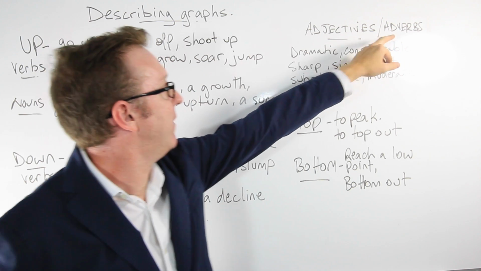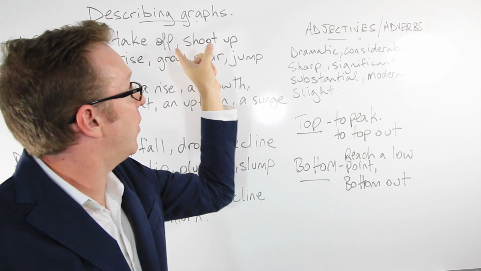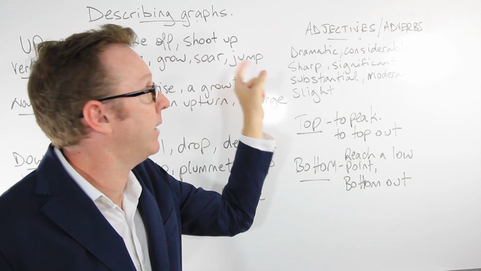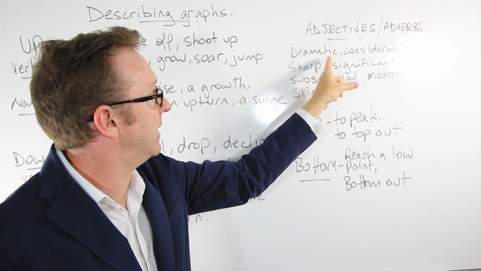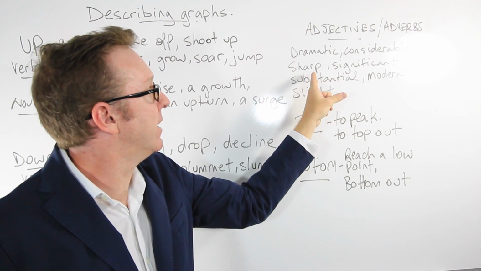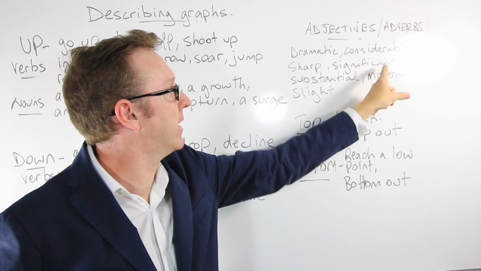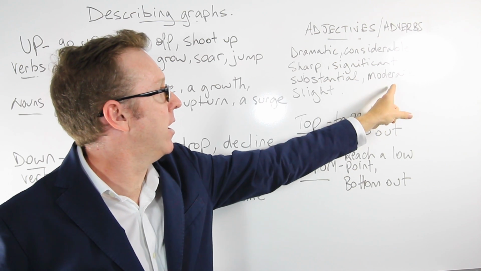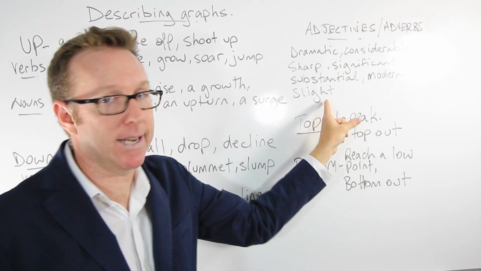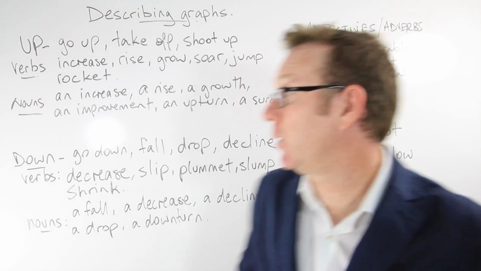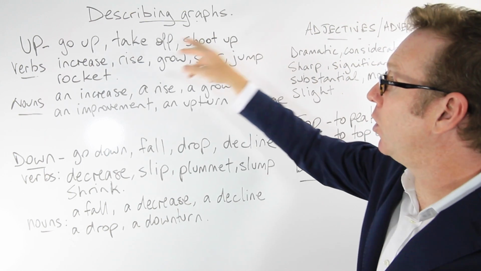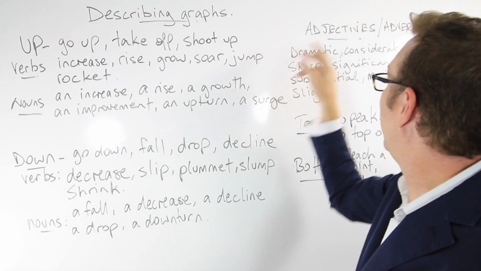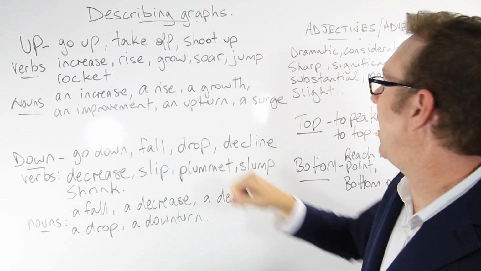Now, when we use adverbs, we use the adverbs with verbs, okay? So we would say dramatically, considerably, sharply, significantly, substantially, moderately, and slightly, okay? So we would use the adverbs with verbs, the adjectives with nouns.